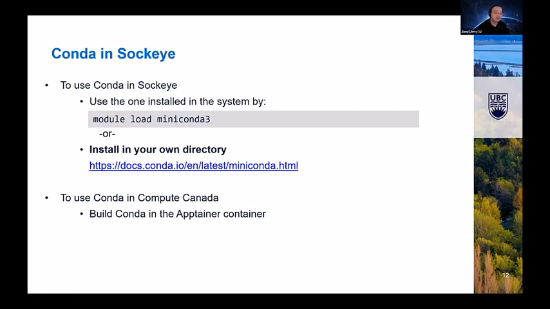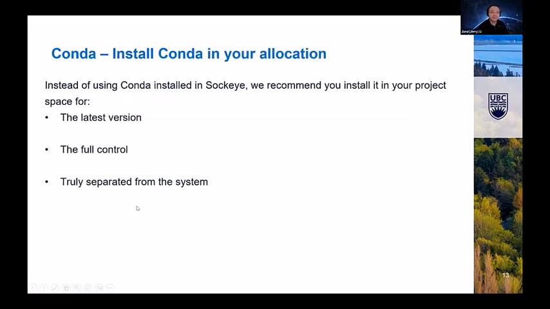That's how you can avoid generating lots of small files, but still be able to use Conda in Cedar or Graham. We will not touch this today, but in the next month, we will have another workshop talking about Apptainer containers. We will cover this content in the next workshop.